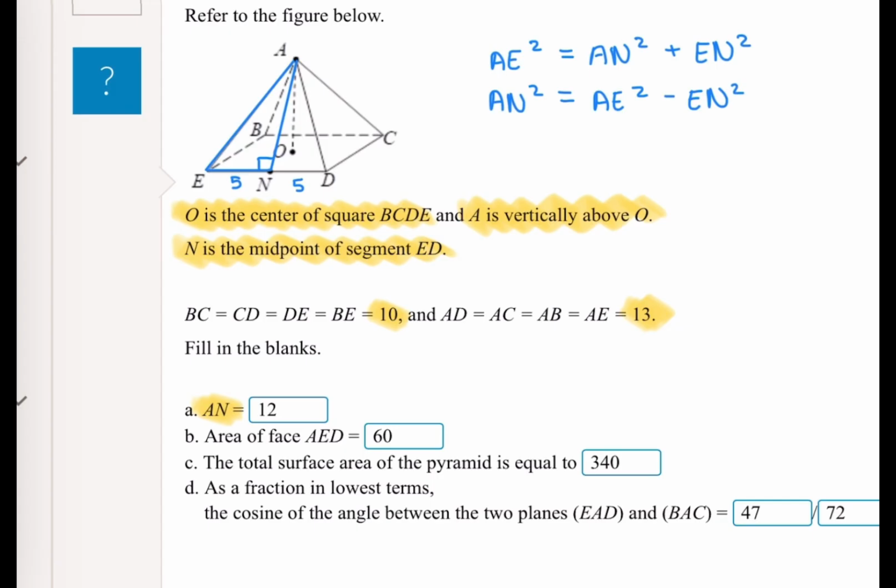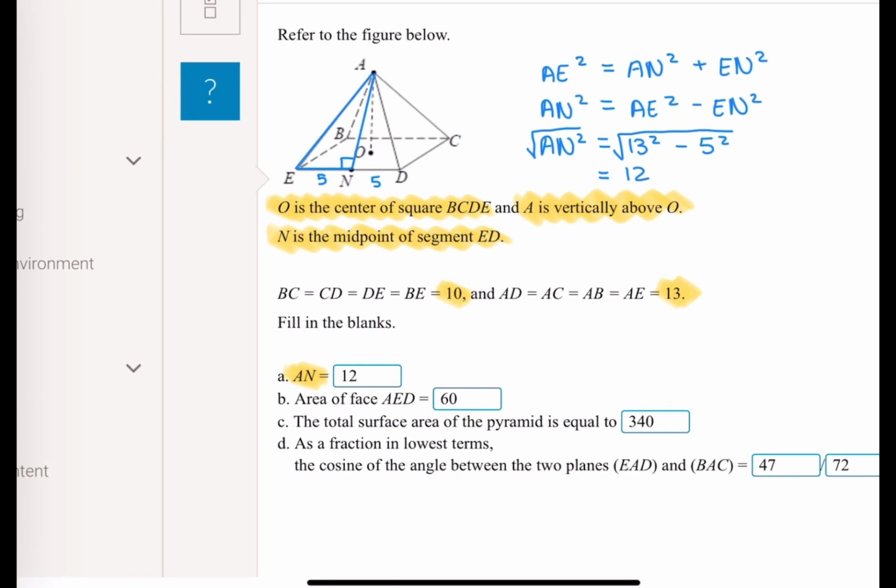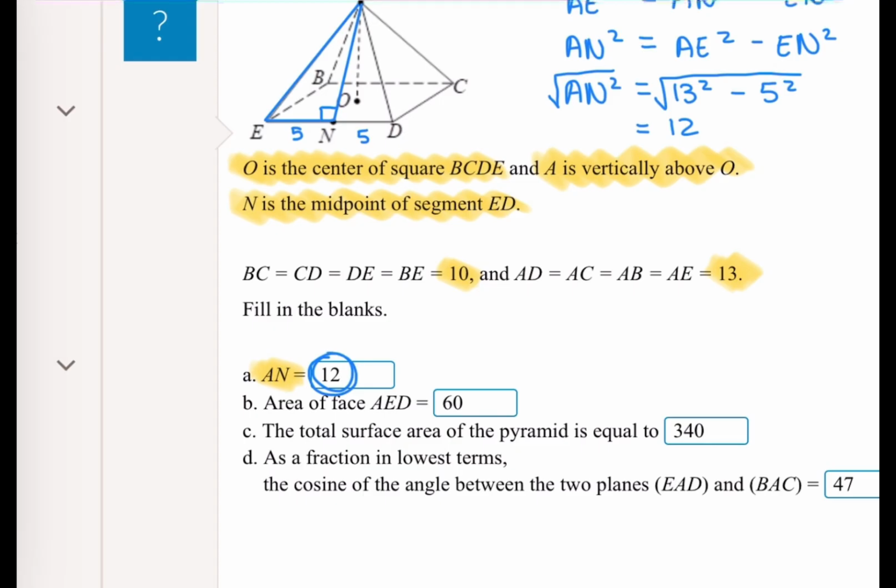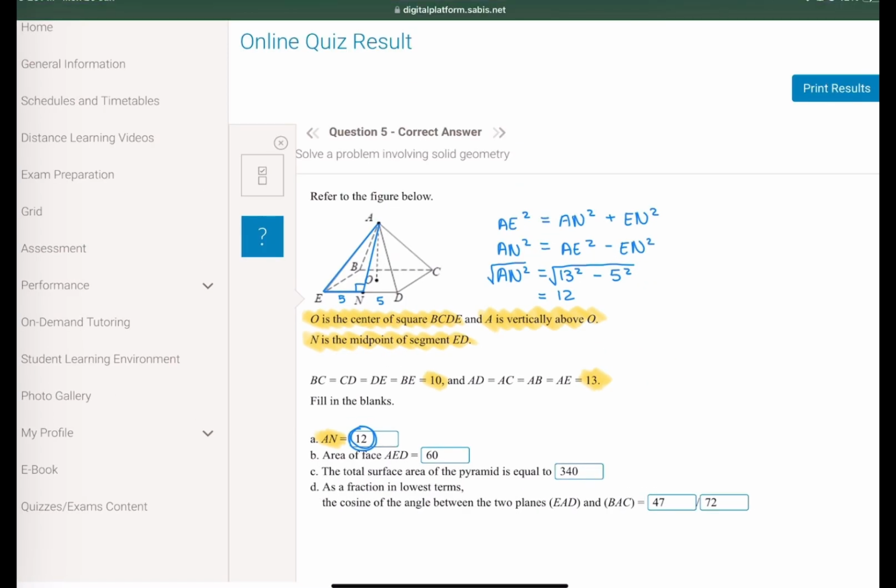We're going to replace our values in this equation. So it's going to be AN squared is equal to 13 squared minus 5 squared. We can put a radical on both sides to cancel out the squared here. And then what you're going to get is, if you put that into your calculator, you're going to get 12. So AN is equal to 12.